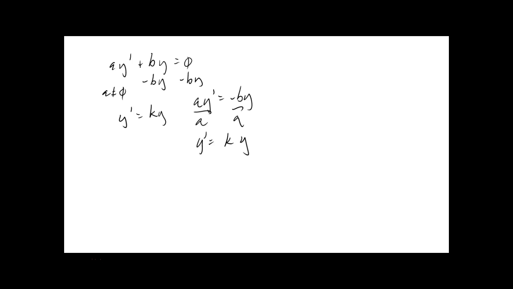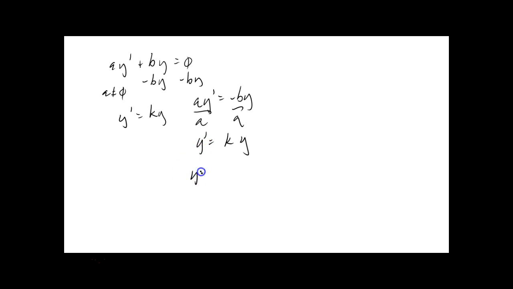Now, that observation reveals the nature of the unknown solution y. The only non-trivial elementary function whose derivative is a constant multiple of itself is what? The only function y whose derivative is a multiple of itself is what? e to the something. e to the kx, in fact, isn't it?